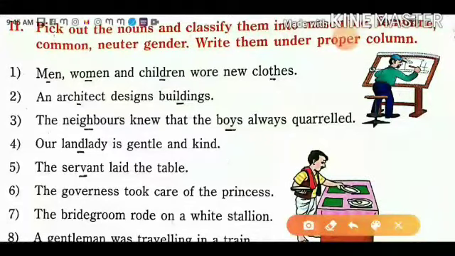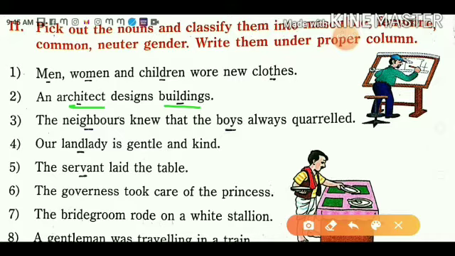An architect designs buildings. Second number: in that sentence, architect is a noun and buildings is also a noun. Architect's gender is common gender because architects are male and also female.